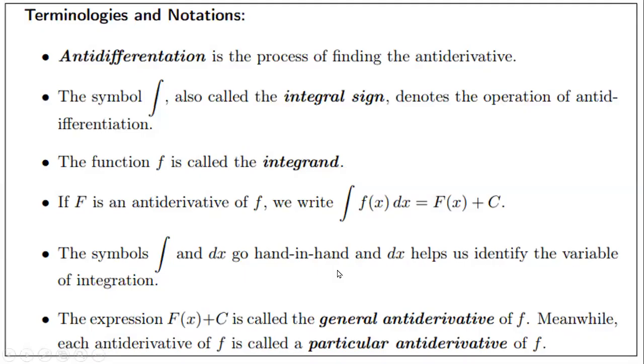Now, before we proceed to our exercises, we have some terminologies and notations to take into account. Antidifferentiation is the process of finding the antiderivative. The integral sign denotes the operation of antidifferentiation. The function f is called the integrand.